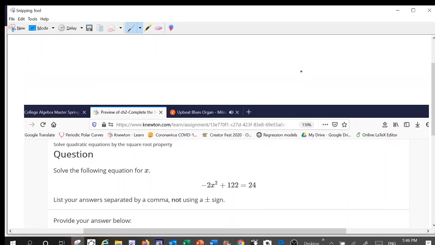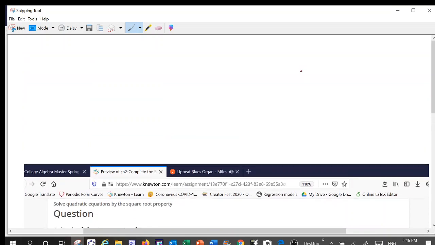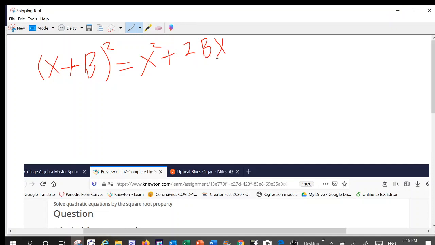Now, what is completing the square? Well, completing the square comes from this idea. If we have x plus b squared, that would be x squared plus 2bx plus b squared. This is an identity that is very famous.